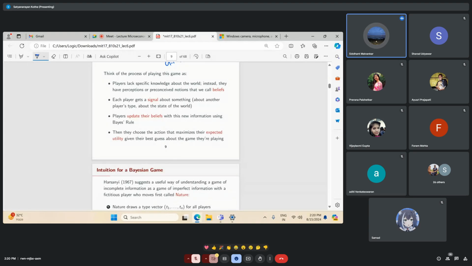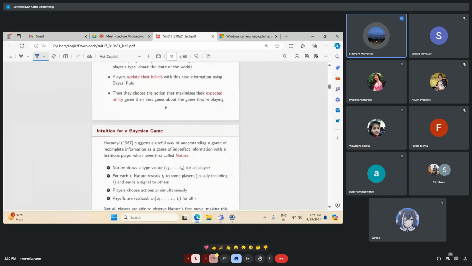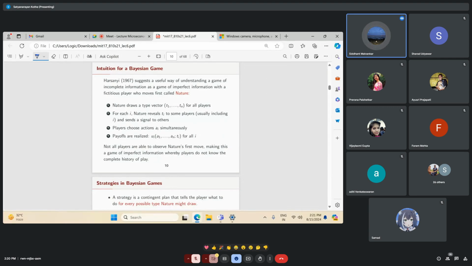Now Bayes rule is introduced to update the beliefs of the players, and then they choose the action that maximizes their expected utility, which is nothing but your expected payoff, given their best guess about the game they are playing. Okay, so we'll see how it is introduced in the course.